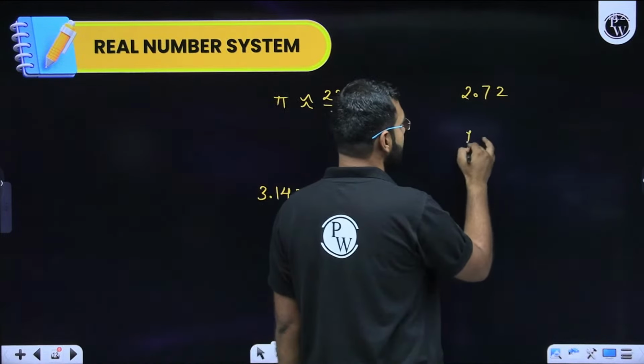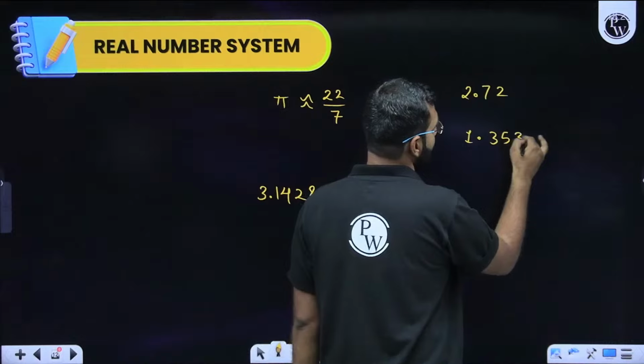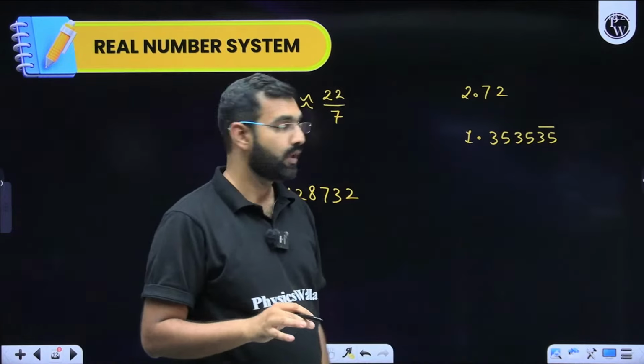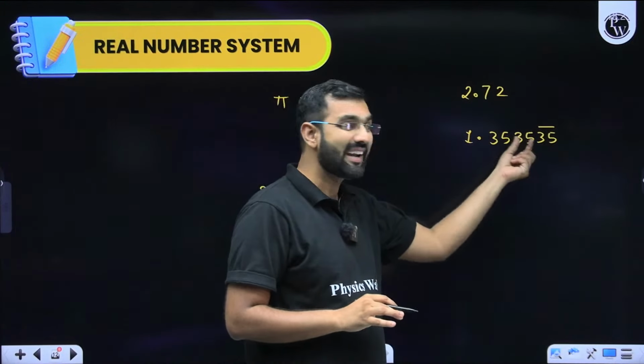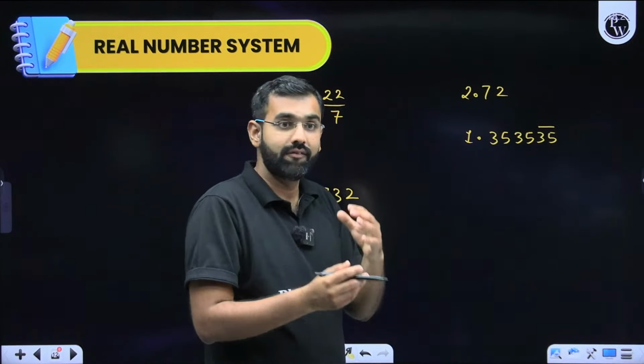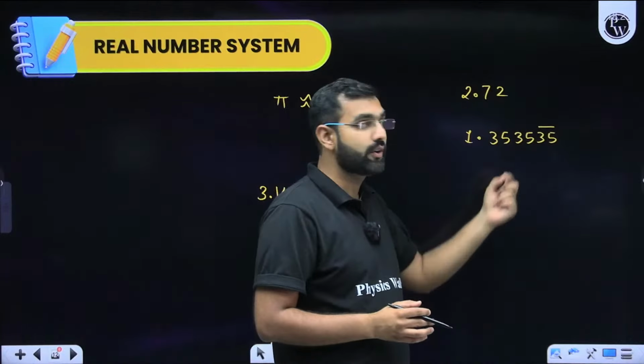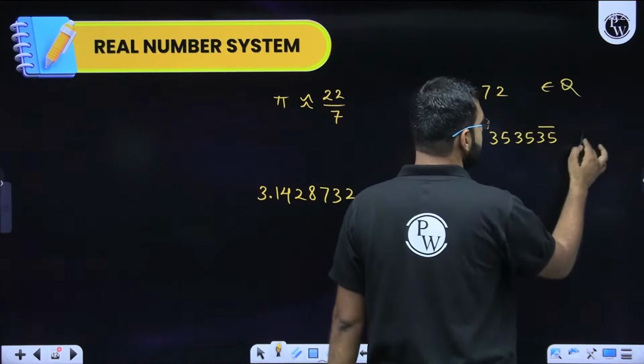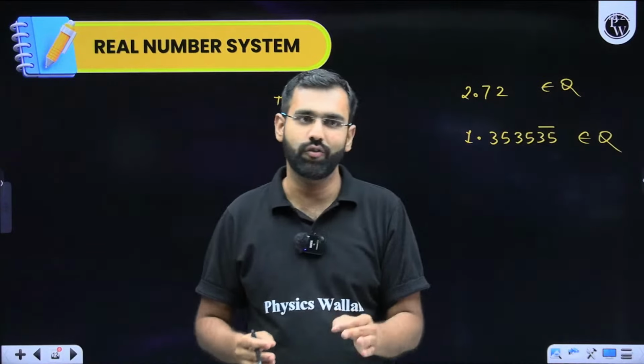Even this number, let's say I am writing 1.35, 35, 35, and so on. Even if there is no termination, if it is getting repeated, if there is a pattern, a recurrence, then also it will be a rational number. So this is a rational number, and this is also a rational number. I hope you remember this sign represents belongs to, and this Q means the set of rational numbers.